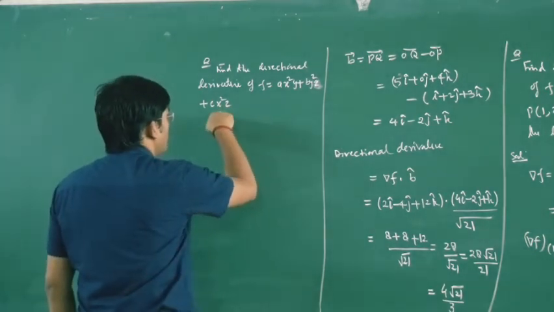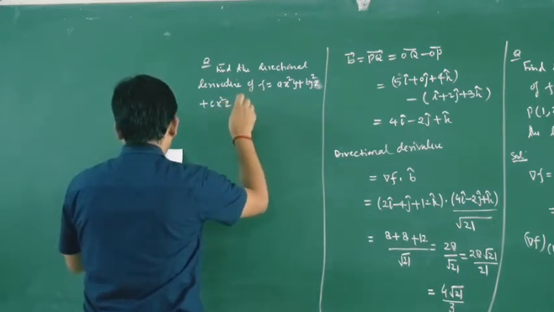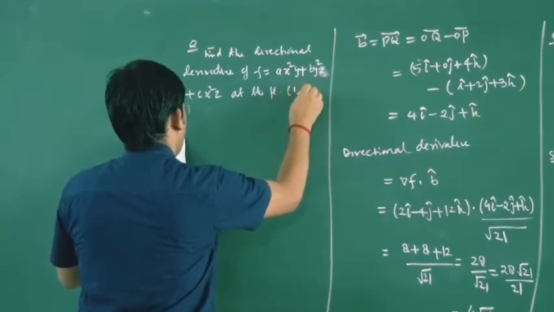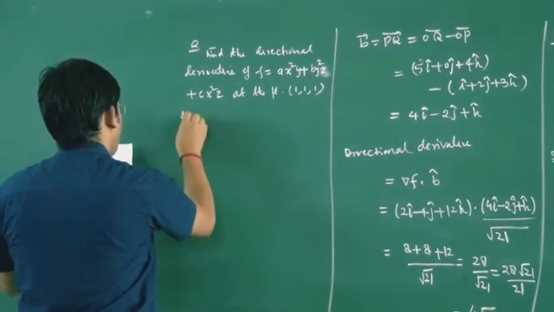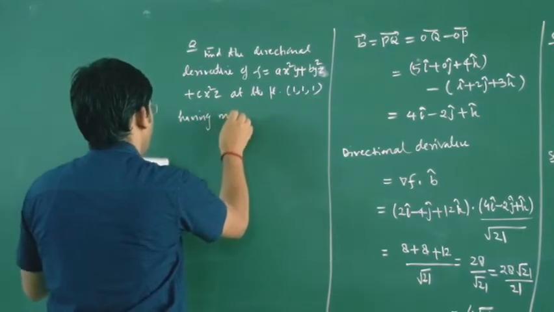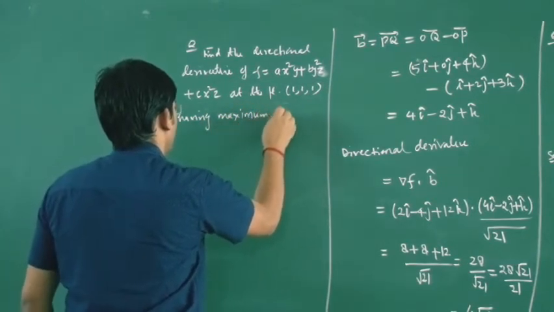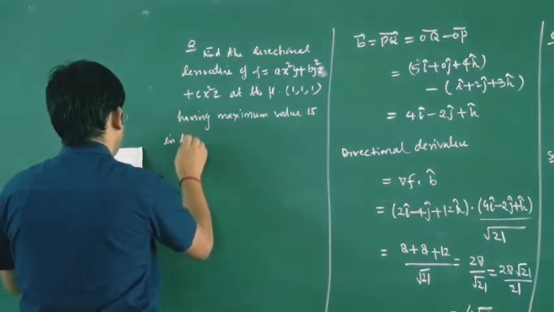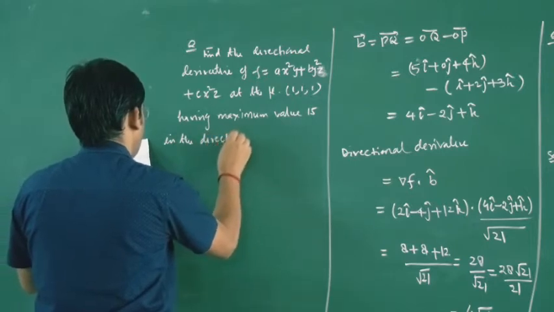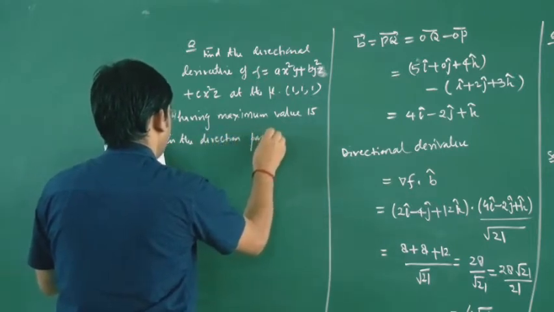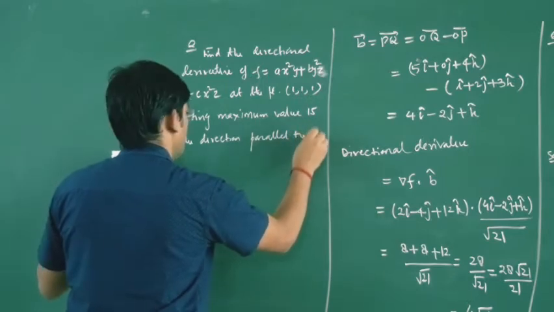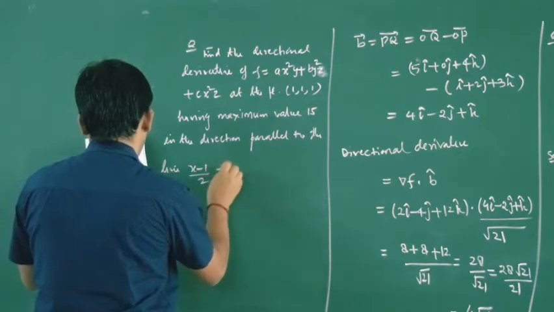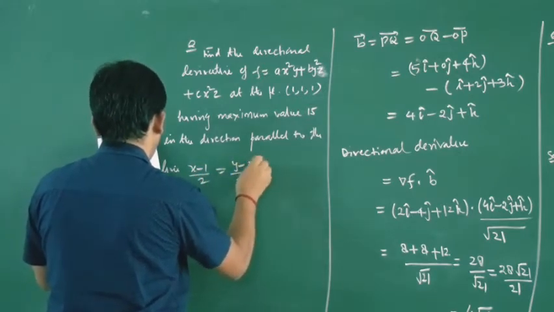We have to find out the directional derivative of this f at the point (1, 1, 1), having maximum value 15 in the direction parallel to the line (x minus 1) upon 2 equal to (y minus 3) upon minus 2, and z equal to 1.